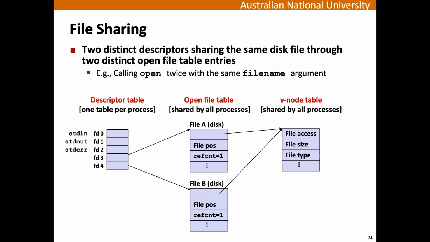So, file sharing. Here are two distinct descriptors. You can open the same file twice in the same program. As long as you're careful and you want to read from different positions in the file, you can do that. Part of the program could be reading from a specific offset, and the other part could be reading from a different offset.